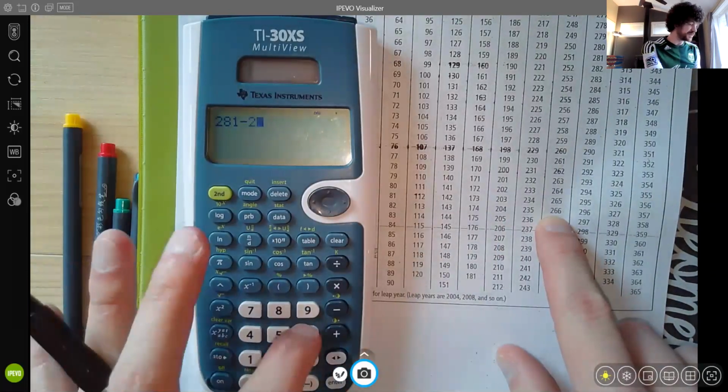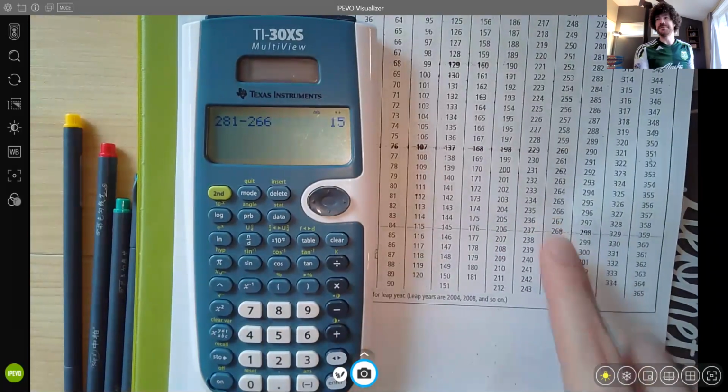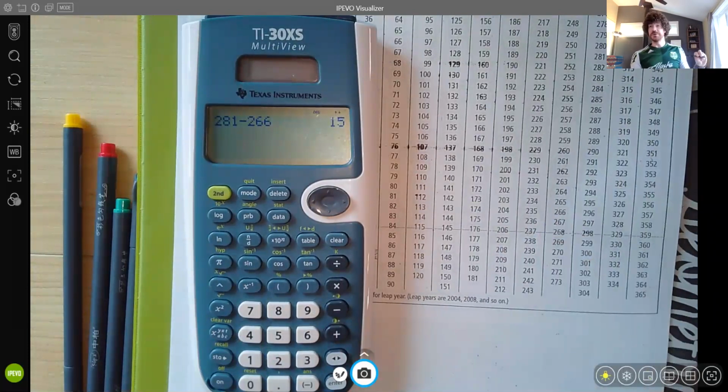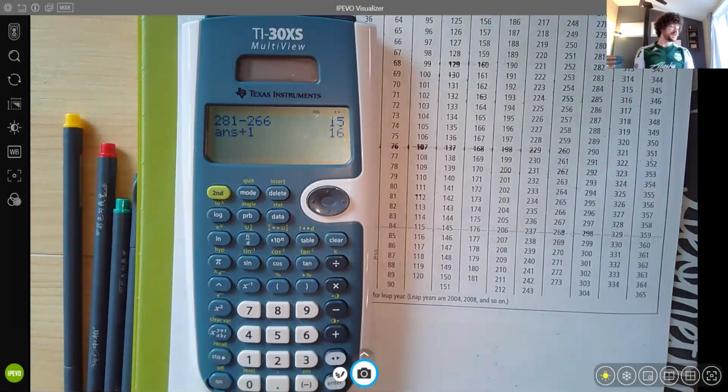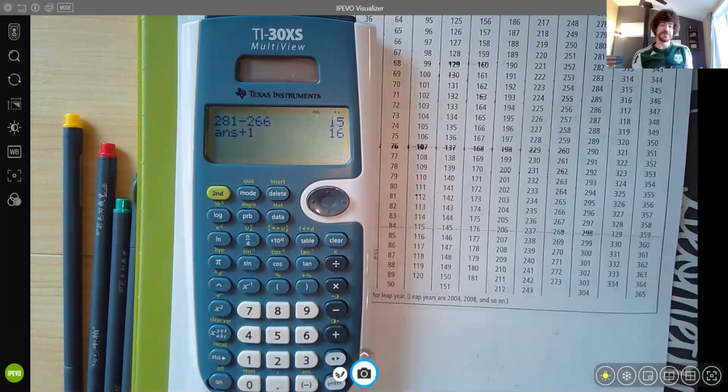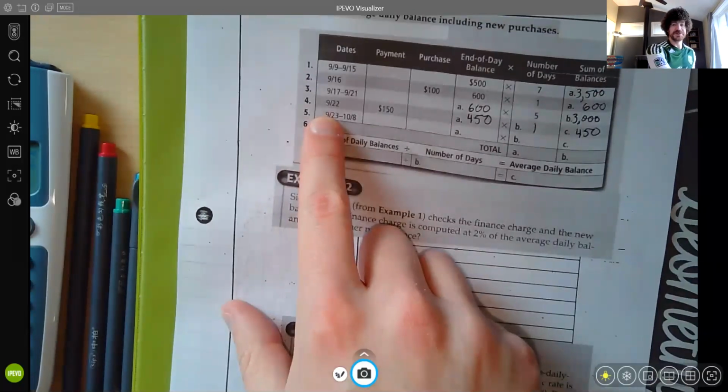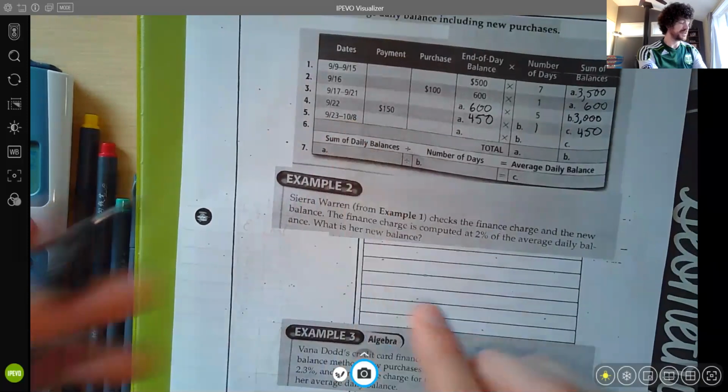So 281 minus 266 is 15 days, but I know that I want to include both of those dates, so I'm going to add 1 to that. So we're talking about 16 days for that last one. You can use this chart that we've used before to find the difference between the two dates, but don't forget to add 1, because adding 1 will include both the first and the last day here on this chart. So that's 16.